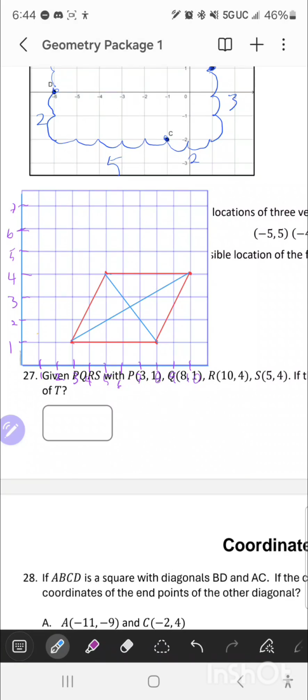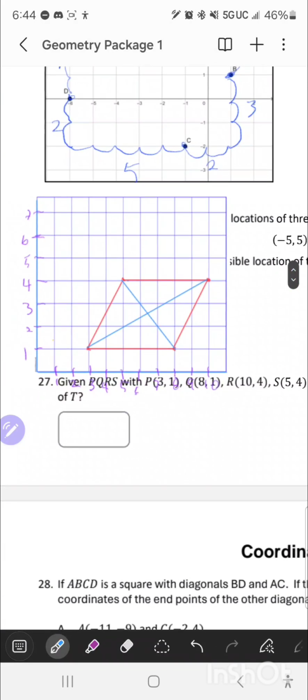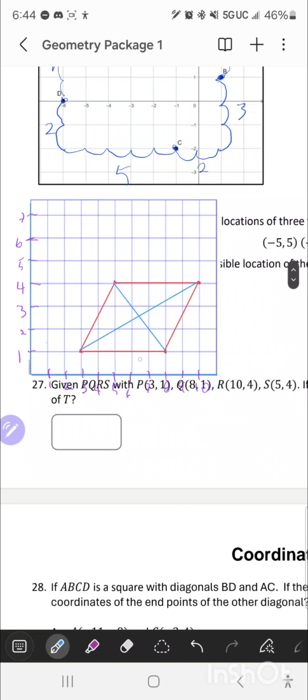More or less, I can say that the coordinates are basically 6.5, comma 2.5. This is 2.5, the middle point of 2 and 3, and this is also the middle point of 7 and 6, so 6.5, comma 2.5, and those are my coordinates.